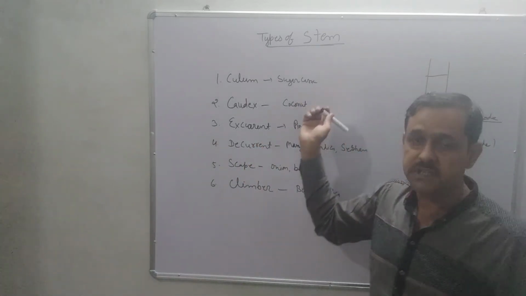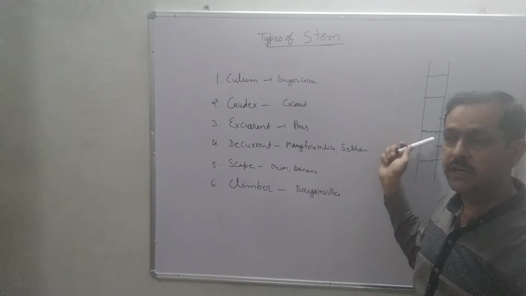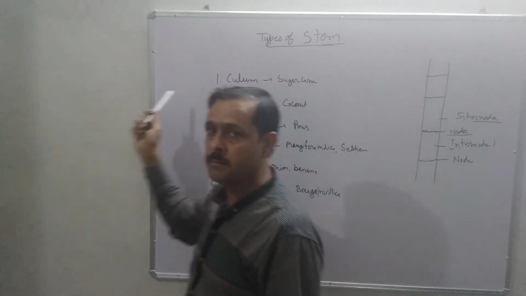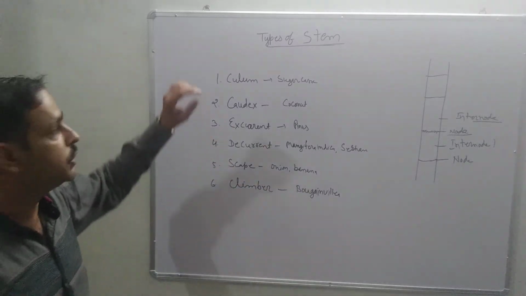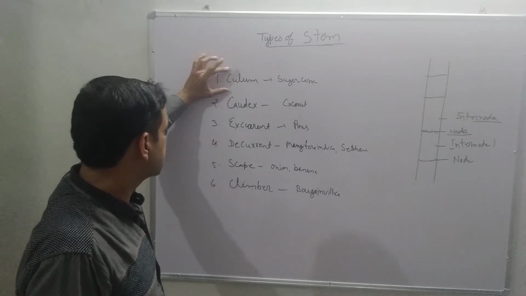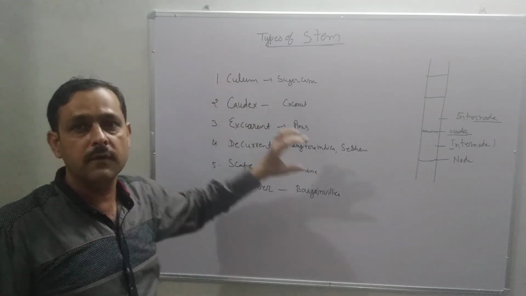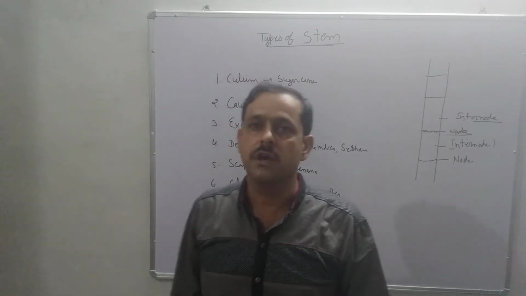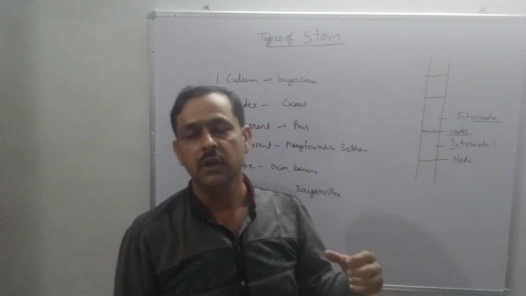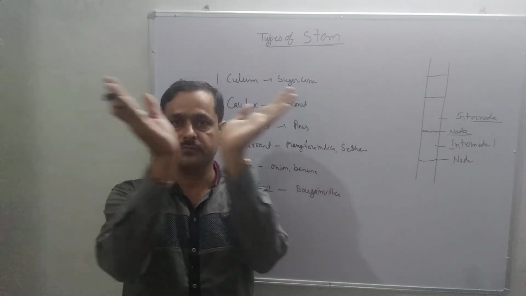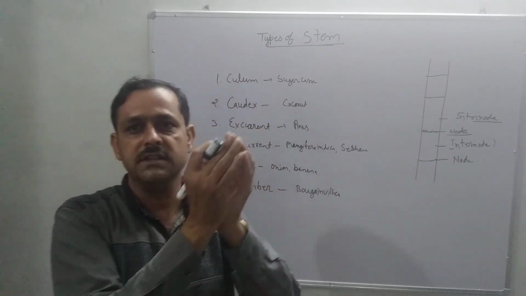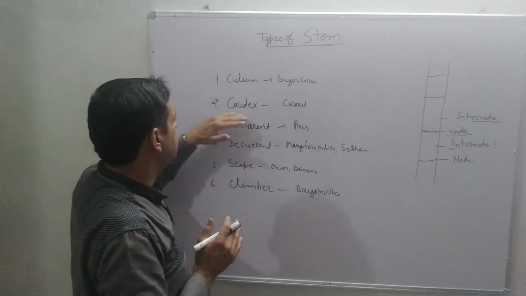On the basis of node and internode, the first type of stem is clump, where nodes and internodes are clearly seen on the stem. Second, caudex. Whenever the branches and leaves make a crown structure, just like a king's crown, where the leaves and stems are small and only on the upper surface and look like a crown, that is called caudex.